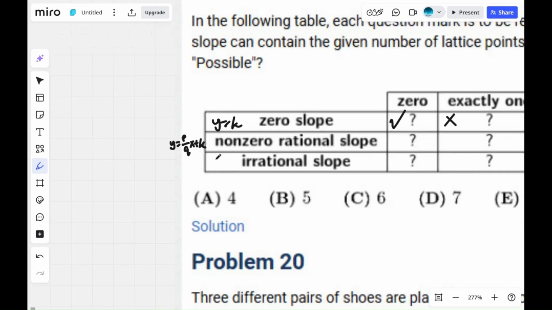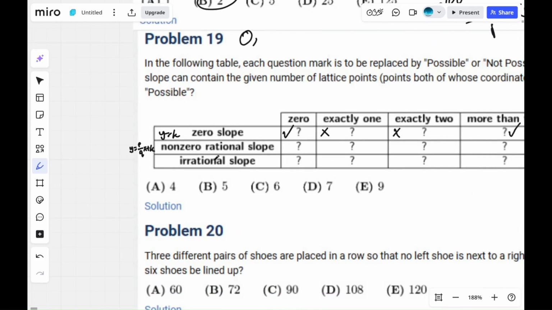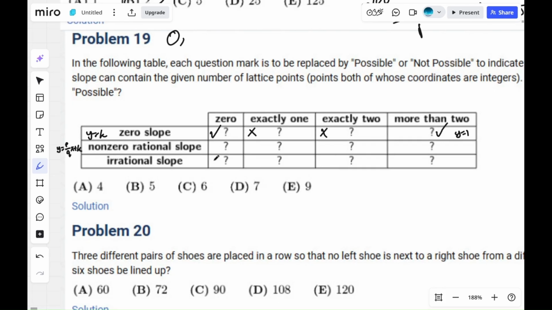So that means that if a line passes through some lattice point (a, b), then we can have multiples of q added to a as x, and y would still be an integer. So exactly 1 and exactly 2 are not possible, but more than 2 is possible.